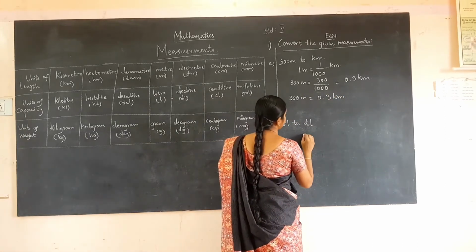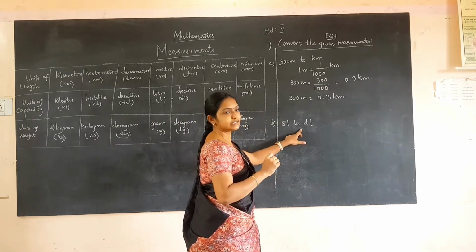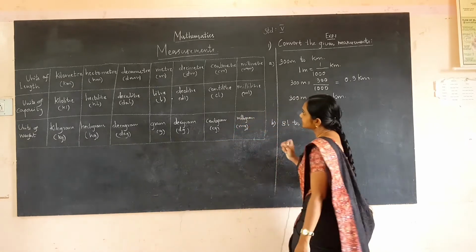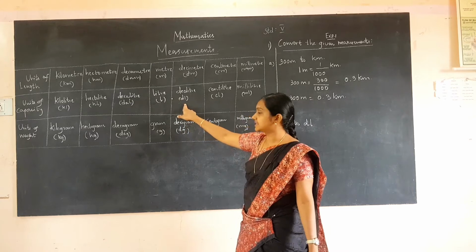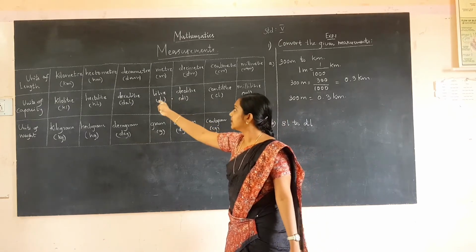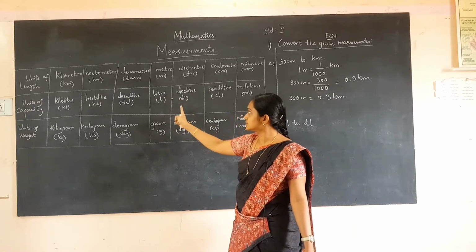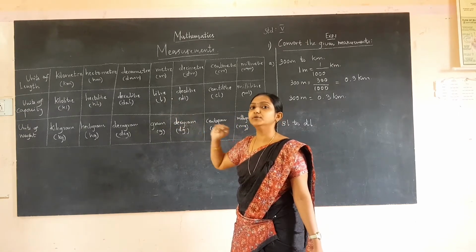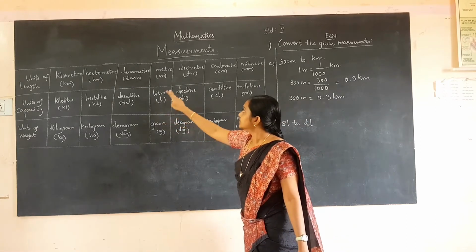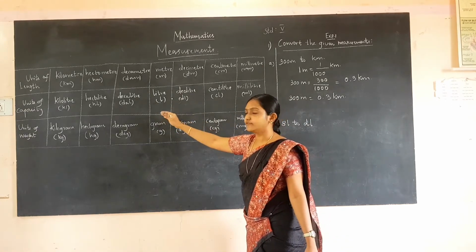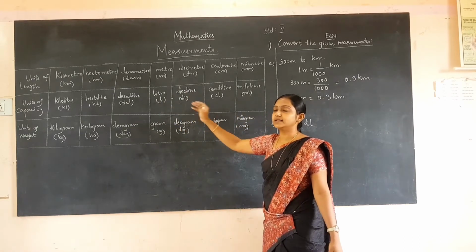Next, we have to convert liter to deciliter. We are converting from larger to smaller, so we have to multiply.